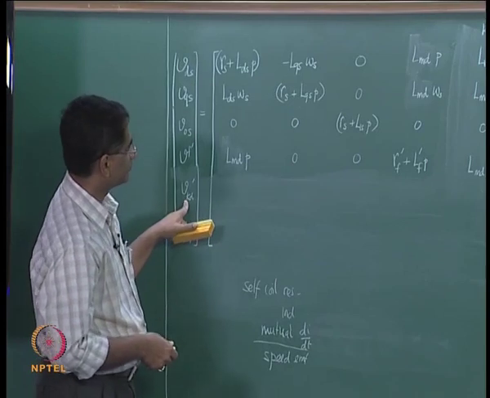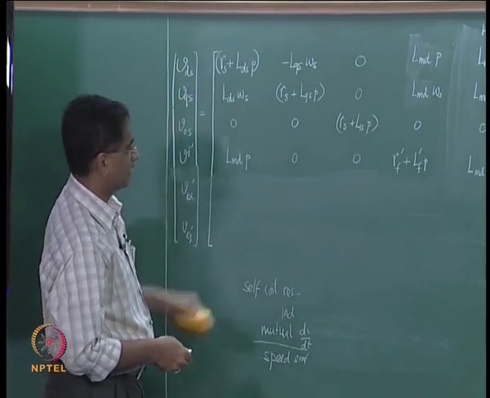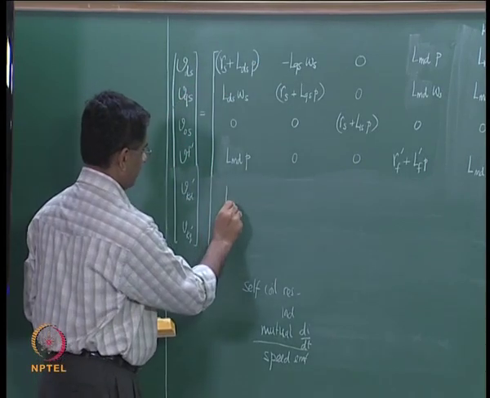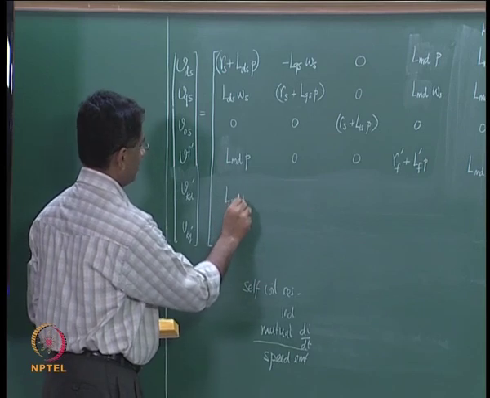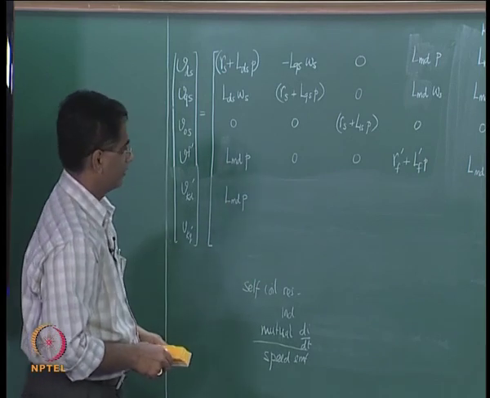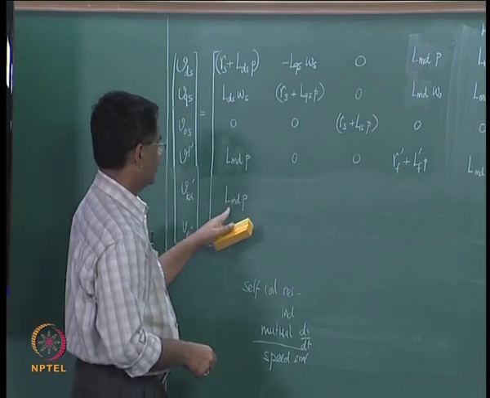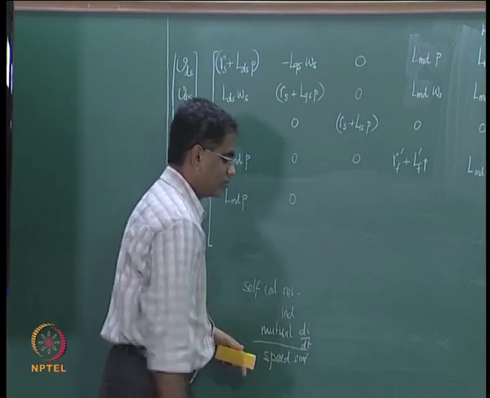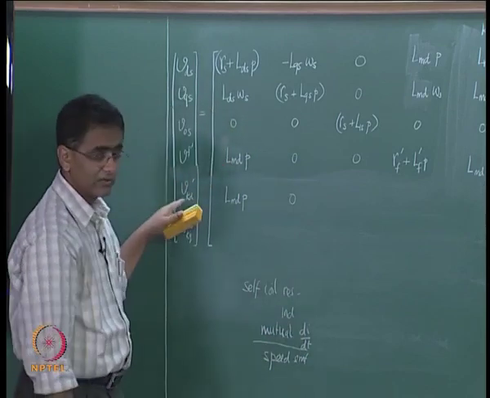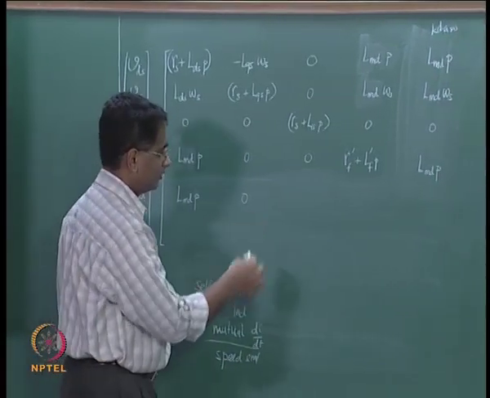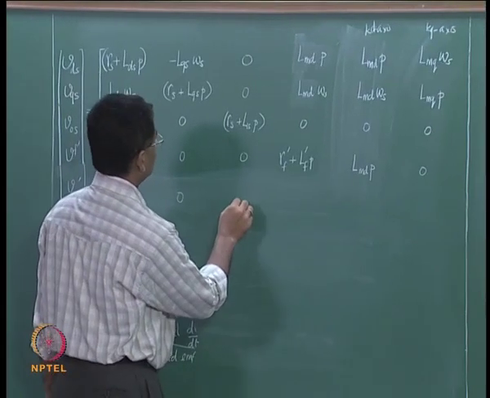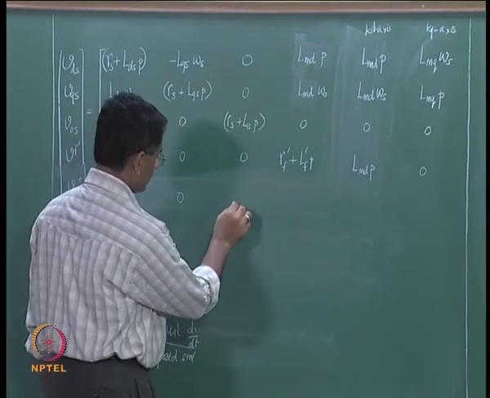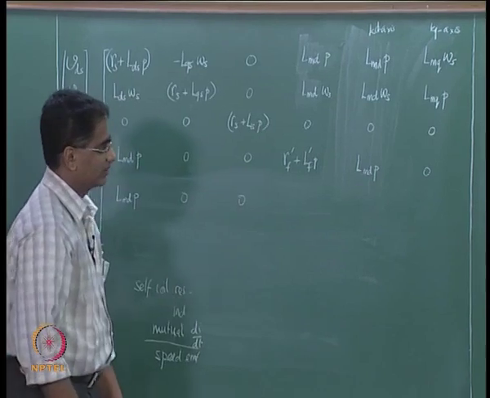So this along with the direct axis would have an LMD into P, they are on the same axis. With respect to the Q axis of the stator there is not anything because this is not a fictitious coil, it is directly on the D axis, and then with respect to the 0 axis term there is nothing.